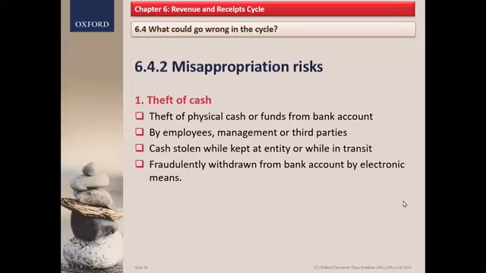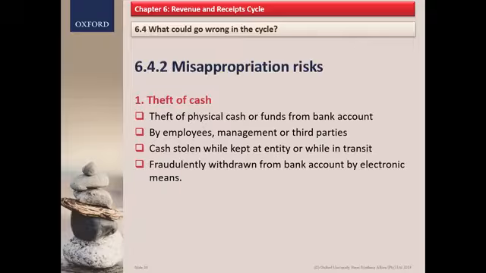So there is a risk because the receipts can also be in the form of cash, so there is a risk of theft of cash. The theft will be a physical theft of cash or funds from the bank by the employees or management. Cash can also be kept at the entity or while in transit.